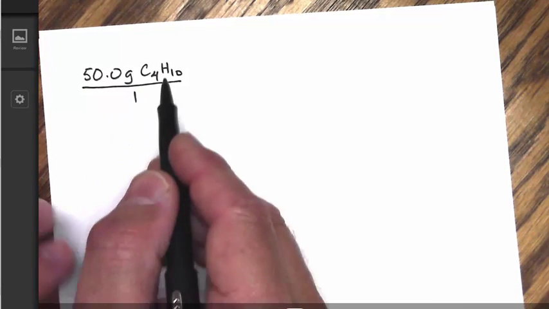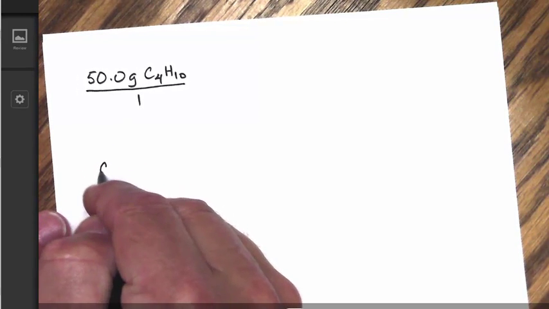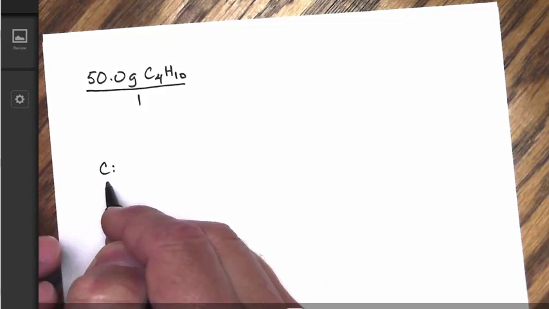In order to do the calculations, we have to have butane in moles. So we have to calculate the molar mass. This is mass, and we want the molar mass to find the moles. So we're going to write down the elemental symbols for each of the elements in the formula here, and write down from the periodic table what the atomic mass is.